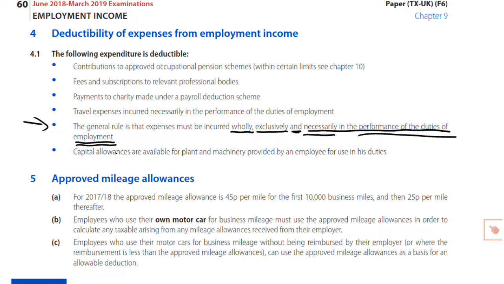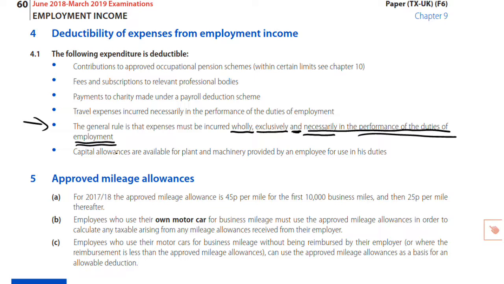Again, as we suggested at the start, a reason why an individual may prefer, if they could, to be treated as being self-employed, but of course we may not be able to do that, and therefore this expense rule becomes more difficult to get an allowable deduction.